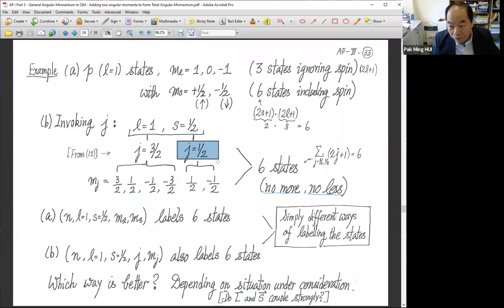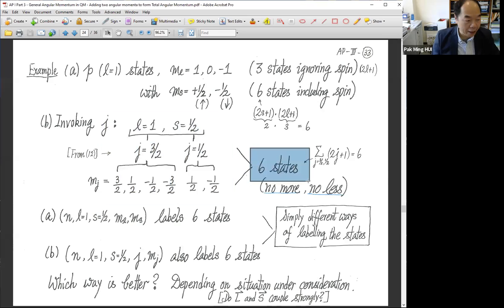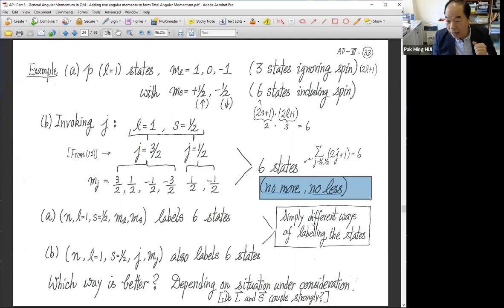And for J is half, we have another 2 states. Mj is half, minus half h bar. I mean the Z component, okay? So you see, the point is, if you use this labeling, you have 6 p states. If you use the j, mj labeling, you again have 6 p states. The point is no more, no less. That is what I meant by relabeling the p state. Okay, do you follow me up to here?